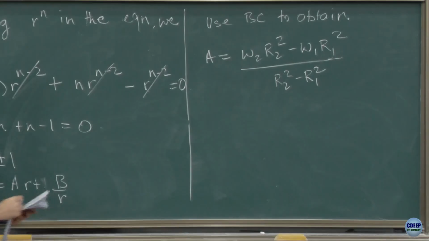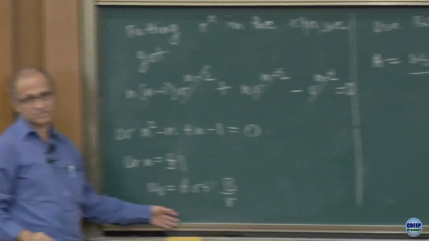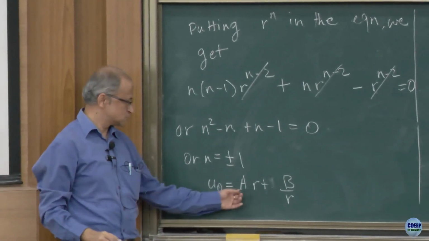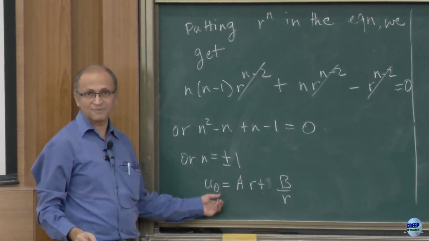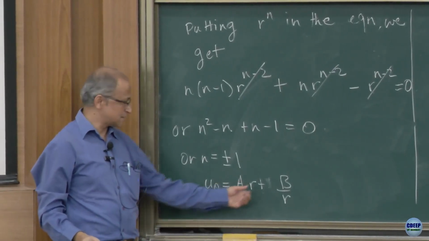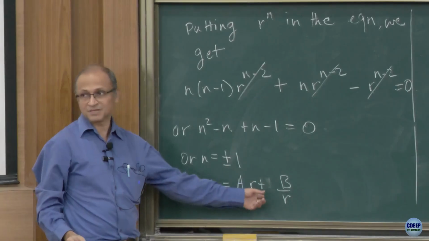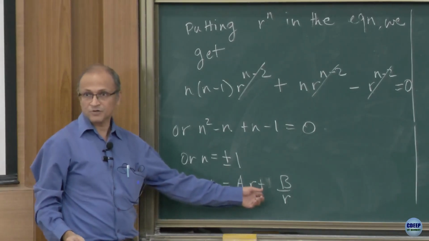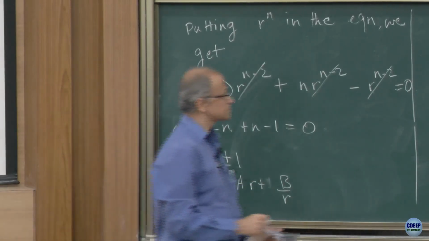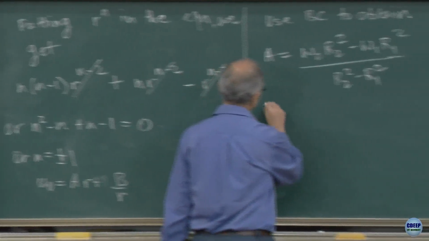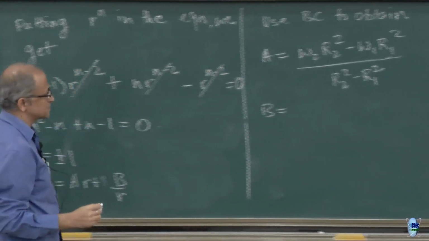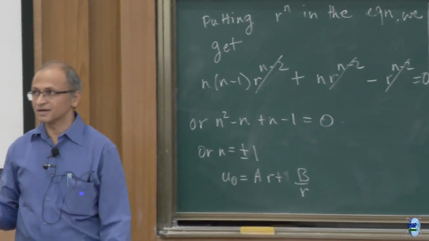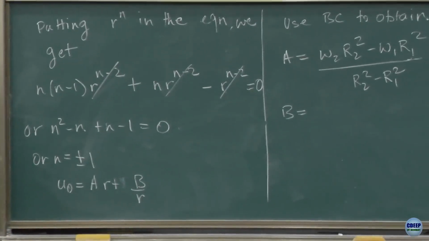By the way, you can also do dimensional analysis here as well, and you should do it at every stage. This is a dimensional equation. So dimension of A should be velocity divided by length scale, and dimension of B should be velocity times length scale. Something that you can keep an eye on when you write out all these things. Make sure that you are writing out things which are dimensionally consistent.